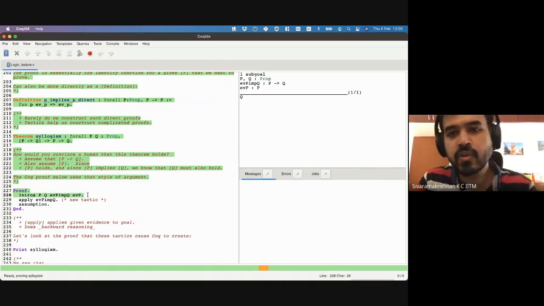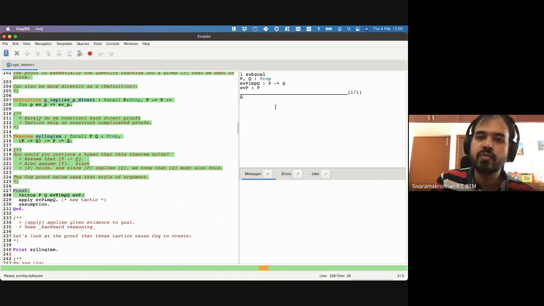If you stare at this, this pattern is going to come over and over again in our proofs. What we need to show is Q, and what we have is evidence for P, and also evidence for P implies Q, which says that if I have P, I can show Q. The typical way we proceed is backwards reasoning.